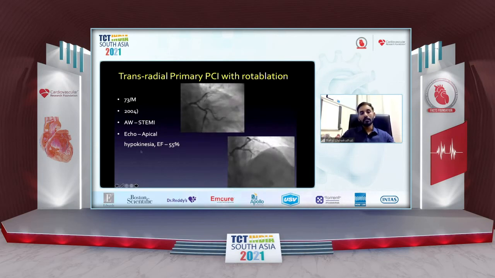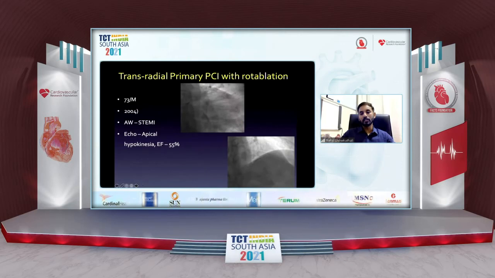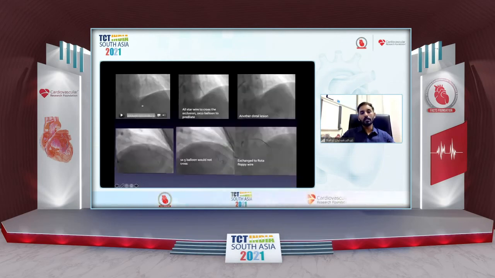A 73-year-old gentleman, anterior wall ST elevation MI, LAD occluded, as you can see here, heavily calcified vessel. There's no flow, and when the wire passed through, I could manage to balloon the proximal segment, but what happened is that distally I could not get any balloon. There's a very tight lesion there, and I could not get anything beyond that segment despite my effort.